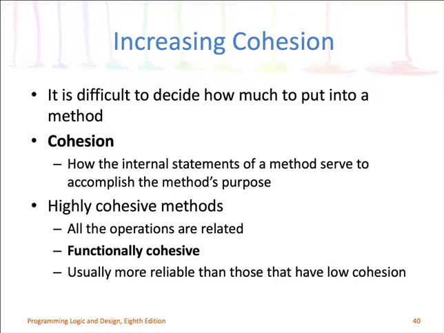Cohesion is basically how the internal statements serve to accomplish the method's purpose. So basically what this comes down to is how much do we put in a method? Do we put lots of statements and do several things, or do we break it down into smaller parts?